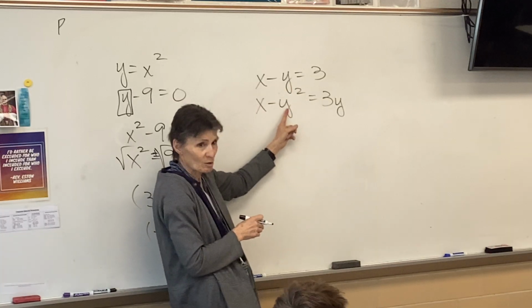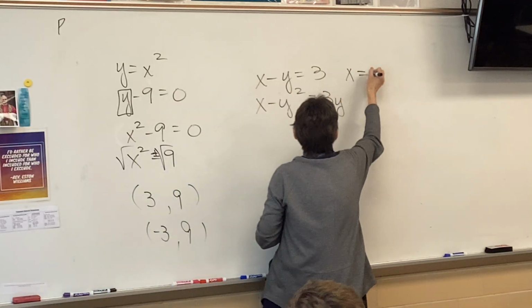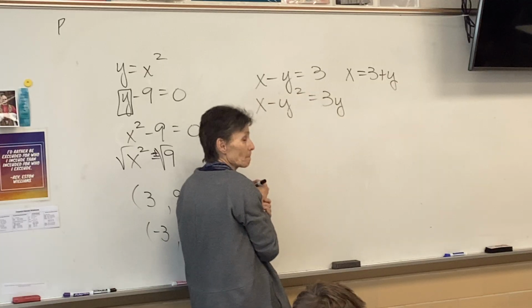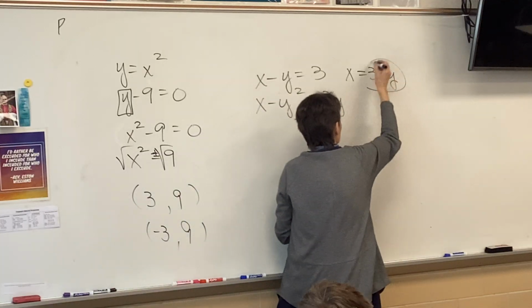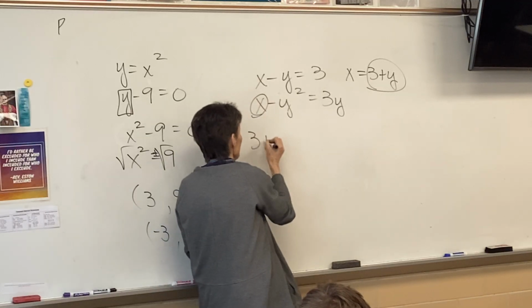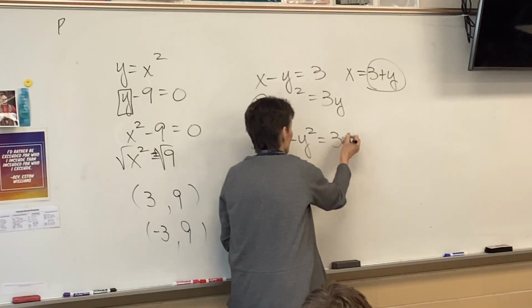And no way you're going to get this by itself because it's squared. So what if I just said x equals 3 plus y on the top row? Is that okay? Then I can take this and plug it in here. So 3 plus y minus y squared equals 3y.